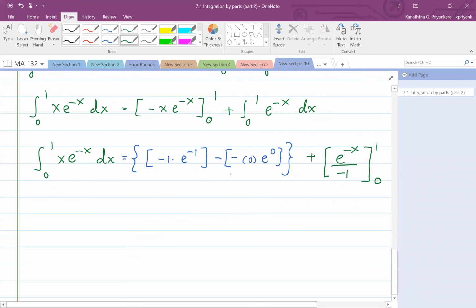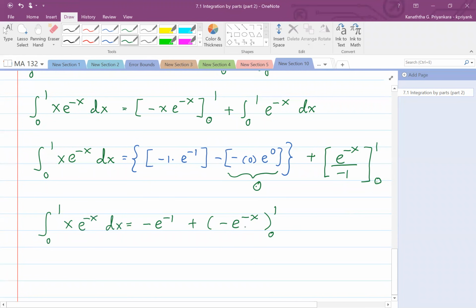We can ignore this term because it is 0. So we get negative e to the power negative 1, and we have plus, this becomes negative e to the power negative x from 0 to 1.